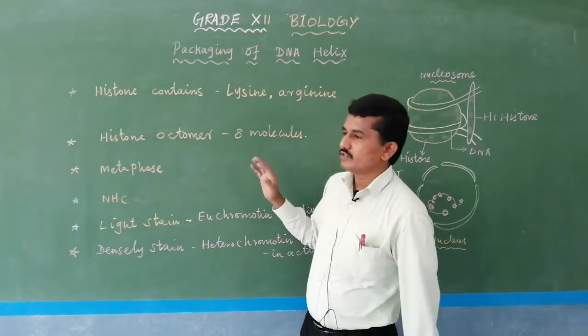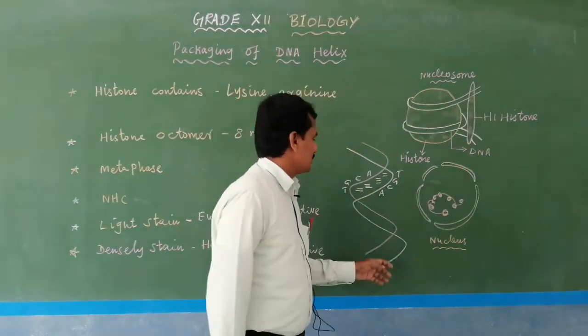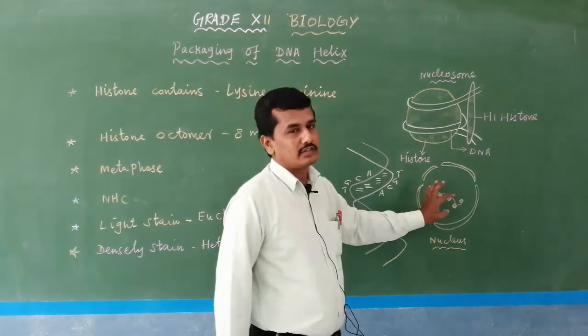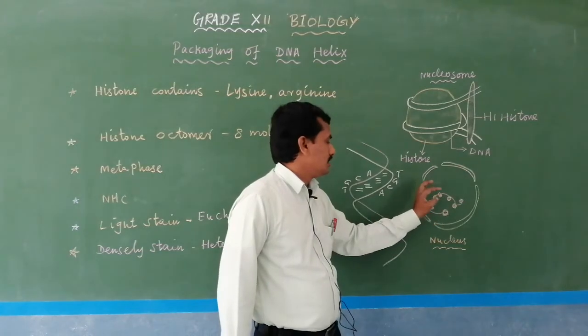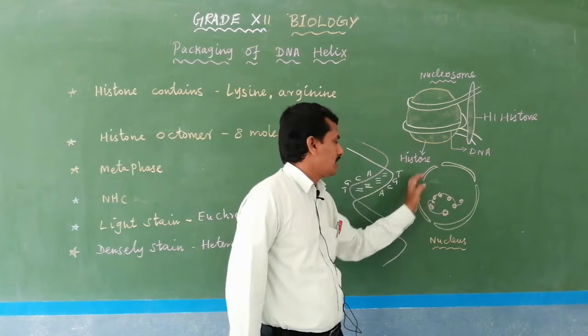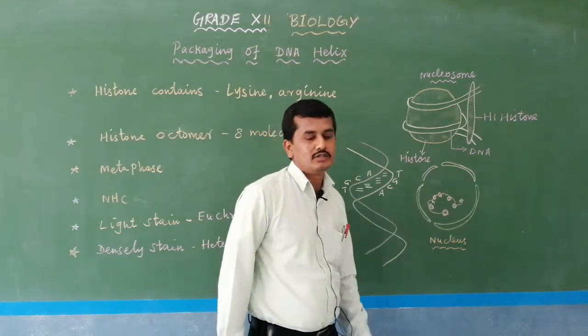Normally, this is actually chromatin reticulum, with beads-on-a-string like structures. Slowly, from prophase, the nuclear membrane and all the structures condense into chromosomes.